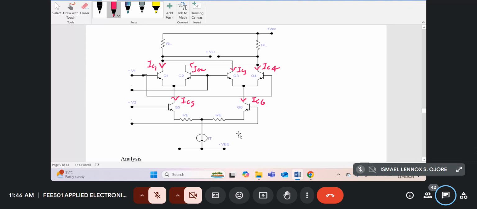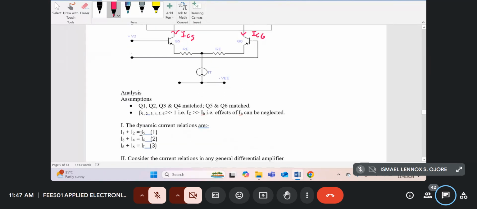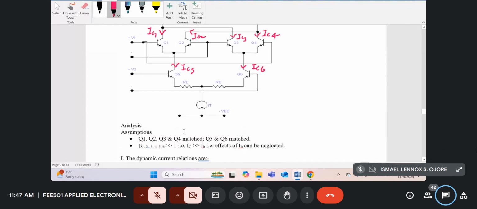So these are the first equations we're going to start with. I've written them here. I've called them the dynamic current relations, not the static or the quiescent, the dynamic, in other words the signal currents. We have I1 plus I2 is I5. I1 is the same as IC1, IC2 is I2.